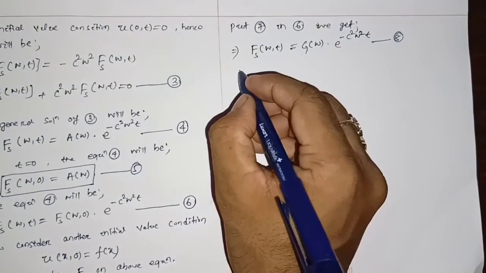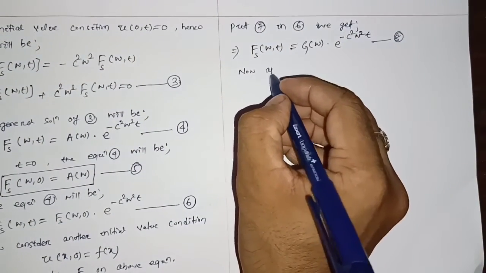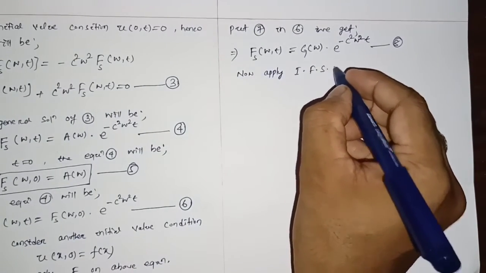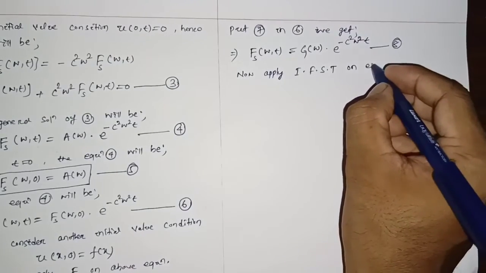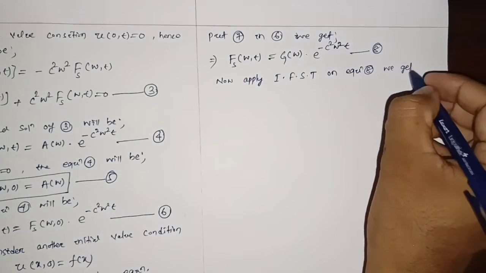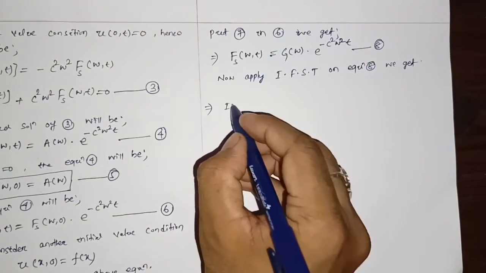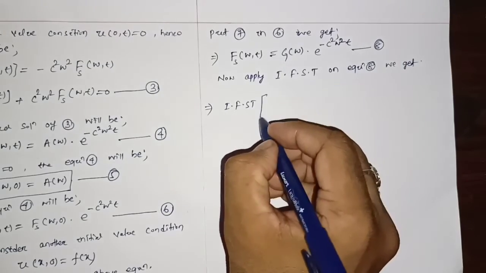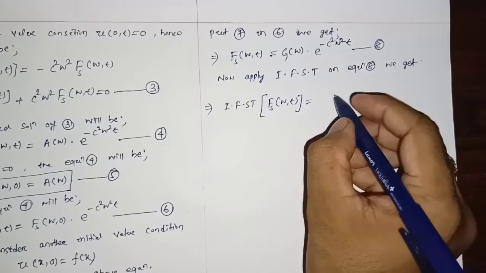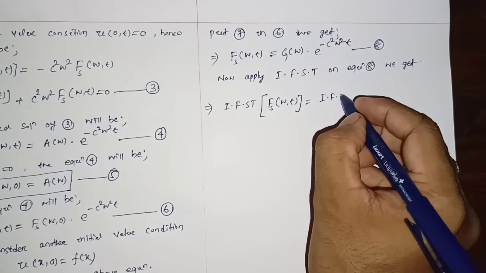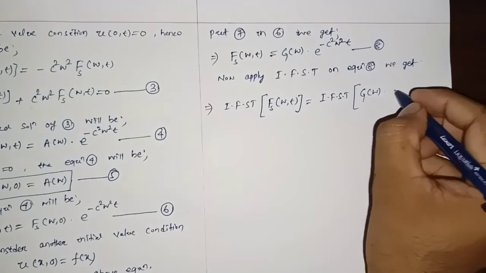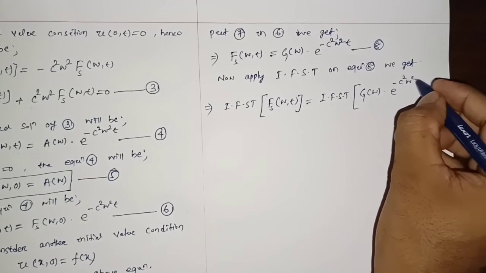Now apply the inverse Fourier sine transform on equation number 8, we get the inverse Fourier sine transform applied on the left hand side Fs(omega, t) equal to the inverse Fourier sine transform applied on the right hand side, that is G(omega) into e to the minus c square omega square t.